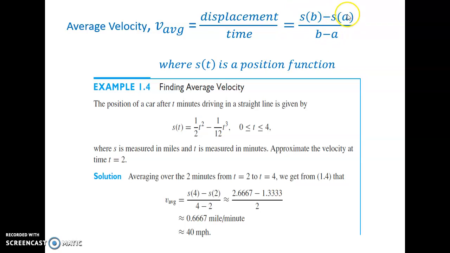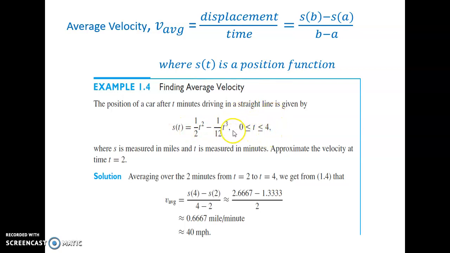So this is the formula for finding the average velocity. For example, the position of a car after t time driving in a straight line is given by this. This is the position function, that is y equal to f(x) is nothing but now s(t). This is f, this is x.